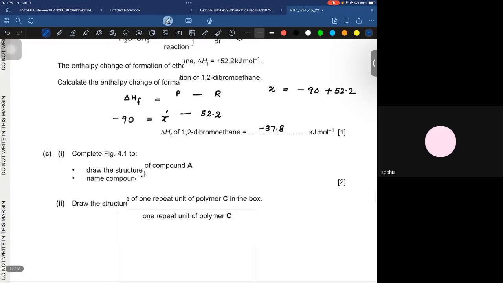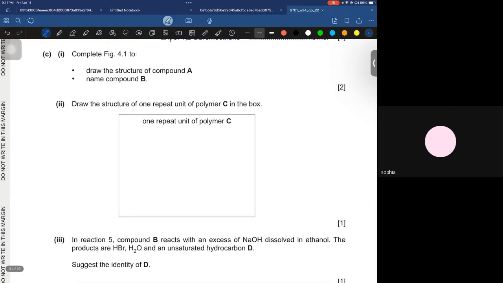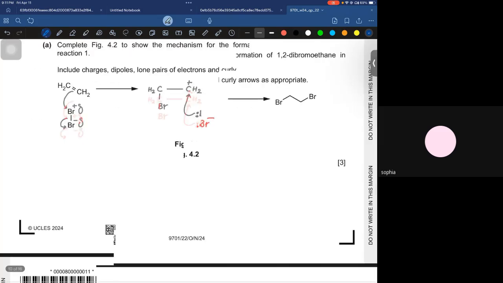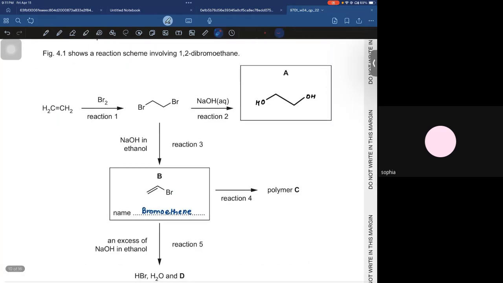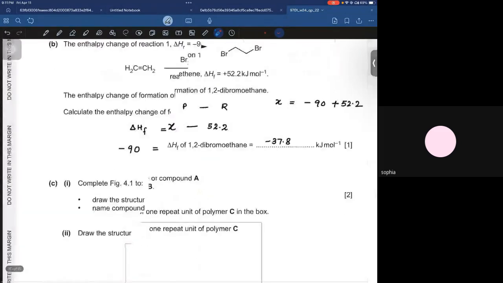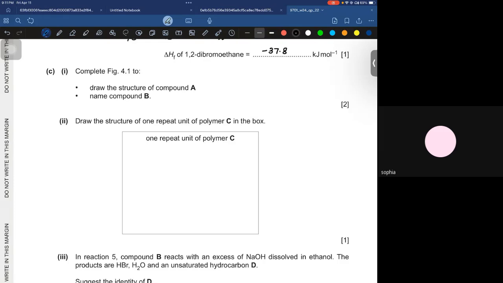Draw the structure of one repeat unit of polymer C in the box. Polymer C means that this is your double bonded reactant. Of course, in AS we have only addition polymer. So let me draw the structure of the reactant first, then I would be telling you how to do this.